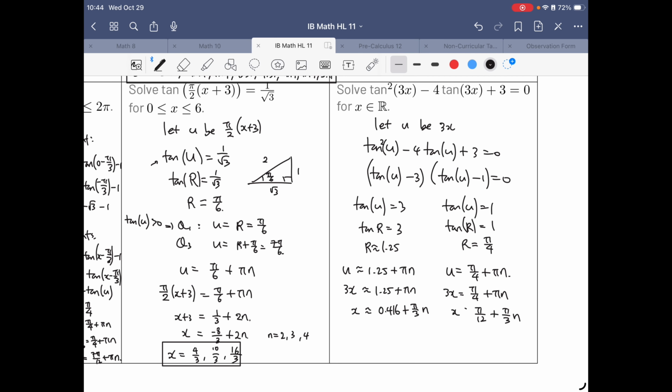Not approximately equal to, exactly equal to pi over 12. Right, so that summarizes all the questions on this checkpoint.